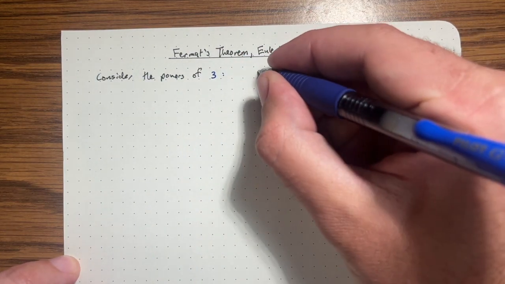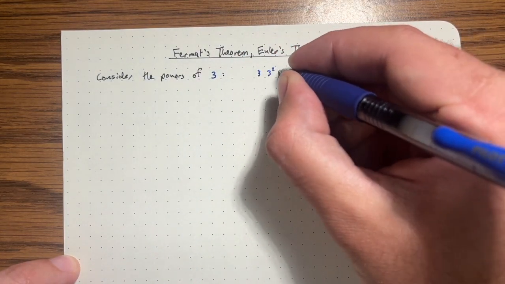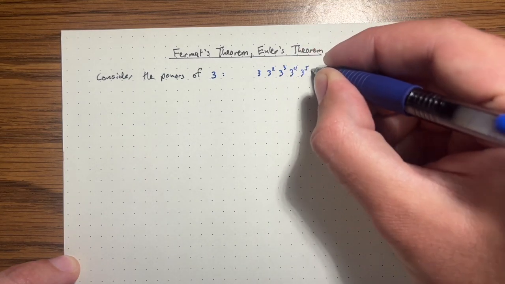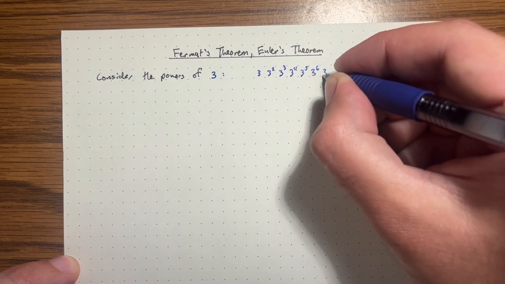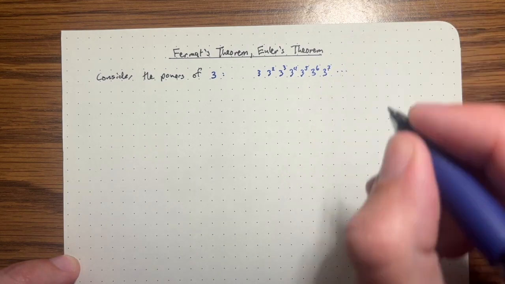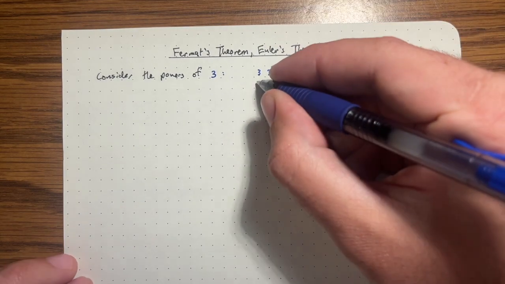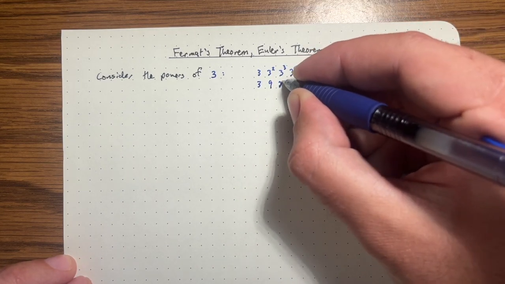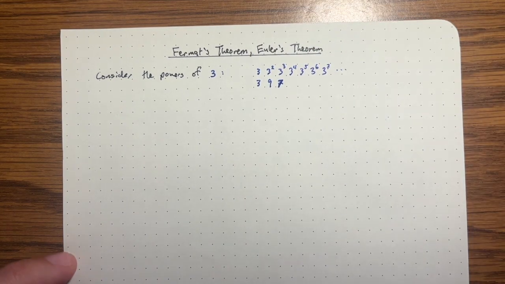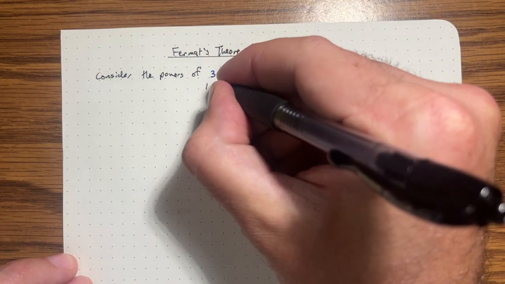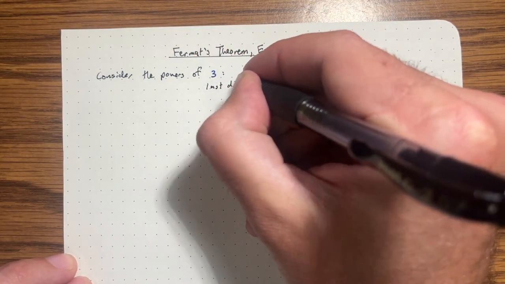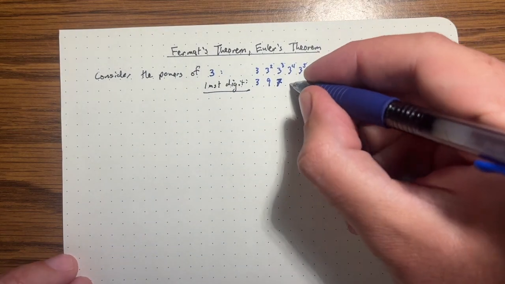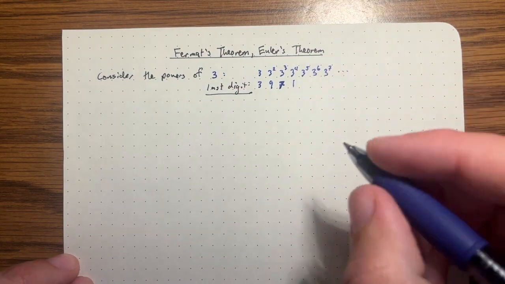So we have 3 squared, 3 cubed, 3 to the 4, 3 to the 5, 3 to the 6, etc. 3 squared is 9, 3 cubed is 27, but let's only keep track of the last digit. 3 to the 4 is 81, I'll just keep the 1. 3 to the 5 is 243.